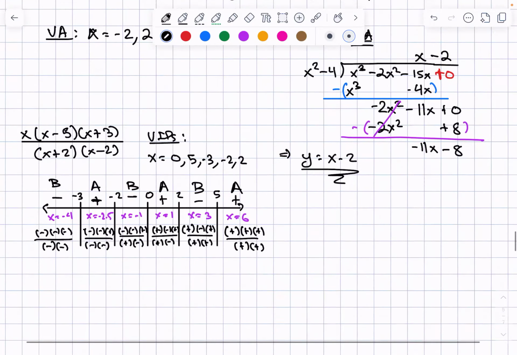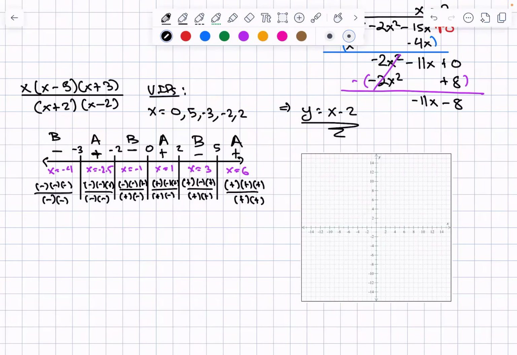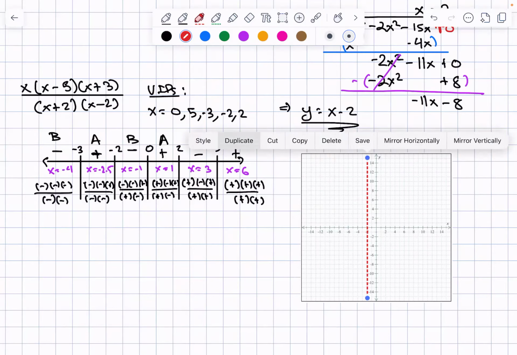So I'm going to create a little graph. Boom, and then we will start filling in all the details. First and foremost, let's graph our vertical asymptotes, which are at -2 and 2.